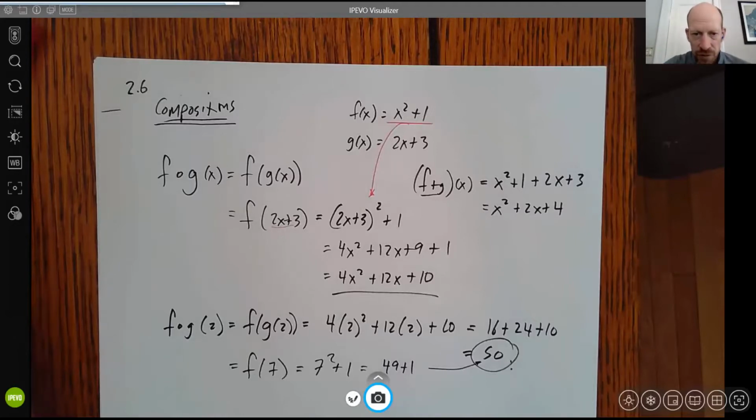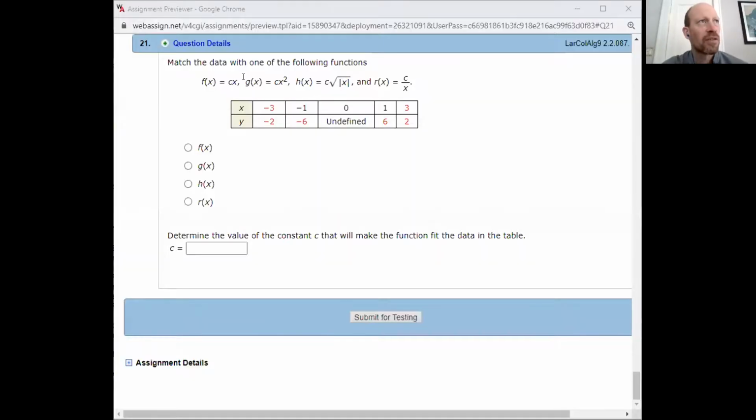So I'm just kind of looking through these questions to see which ones make sense here. Yeah, I mean, this question, so there's a question on this one.